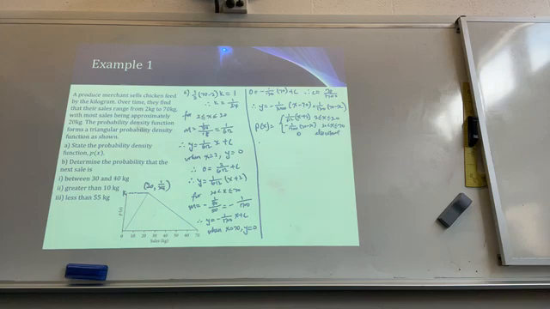So if you work out the gradients, one is 1 over 612, the other one is minus 1 over 1700, and you can work out the equation. And always write out the probability density function, so you've got it as a piecewise function.